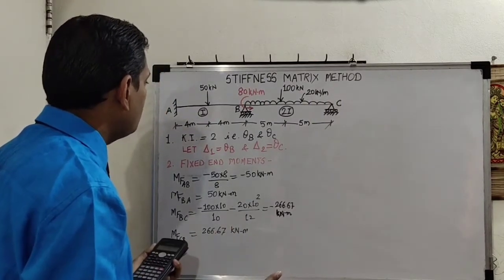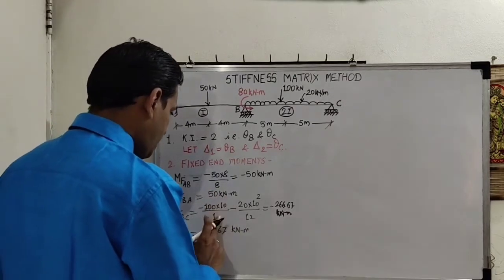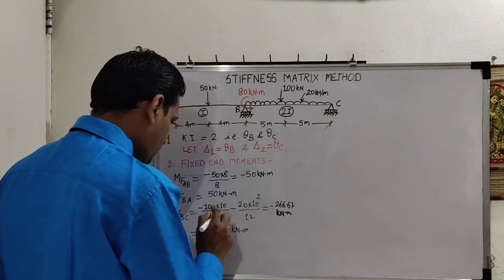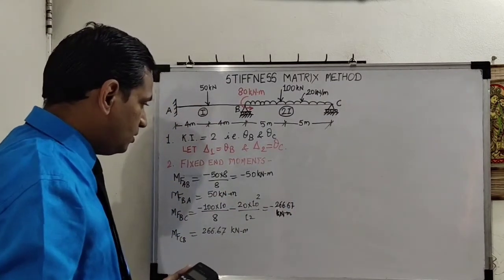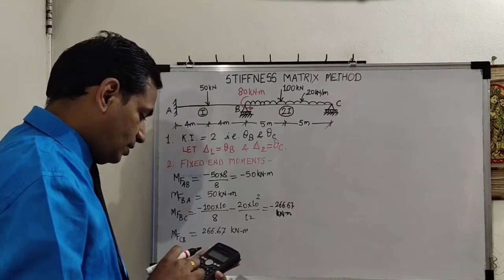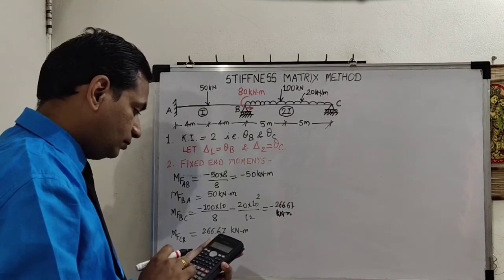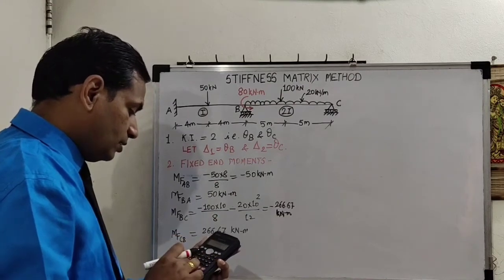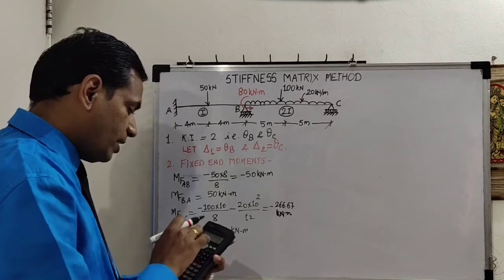There is one mistake. This is minus WL by 8 and not plus WL by 8. So let us check again. So it is minus 100 into 10 upon 8, minus 20 into 10 square by 12.